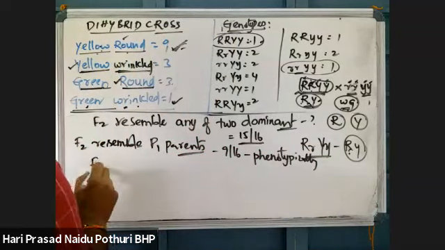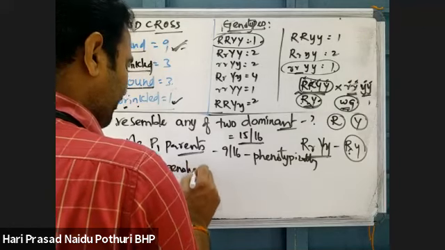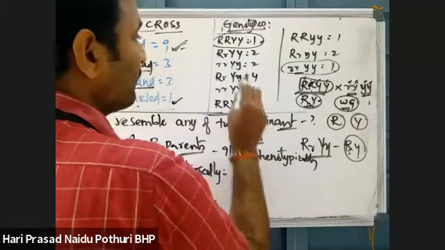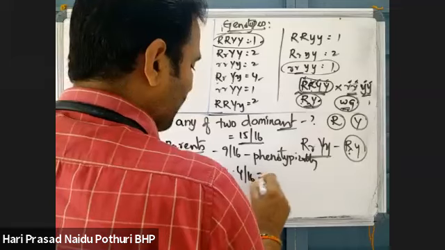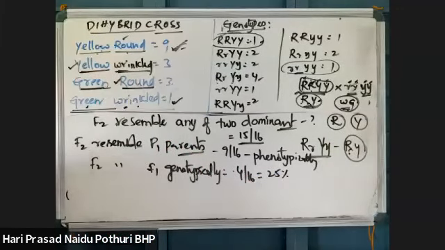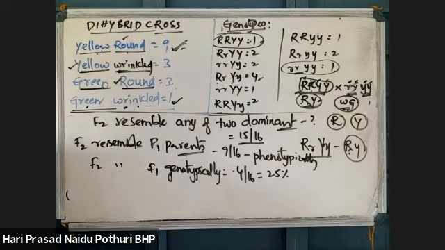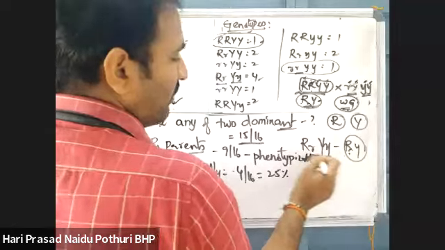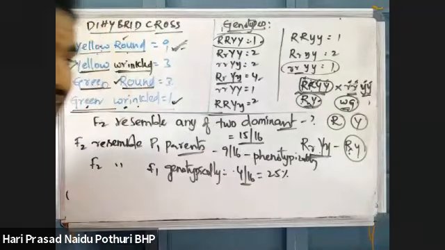And F2 resembling F1 genotypically means capital R, small r, capital Y, small y, which is produced in 4 by 16. 25% will come.